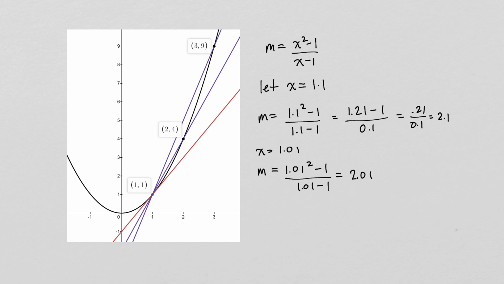So I want you to see that as x moves closer and closer to 1, the value of the slope appears to be getting closer to 2, right? Because we had 2.1 and now we have 2.01. And this is the basic process for finding the slope of a tangent line.